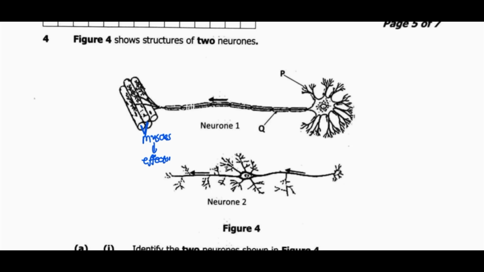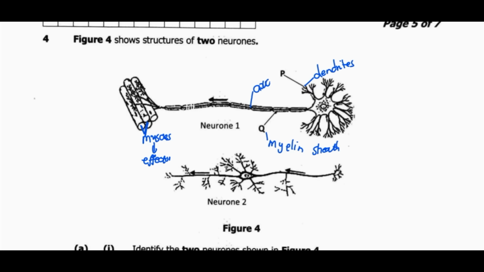Our Q, we call this one the myelin sheath. Then we have the line, the passage, which we call the axon. Then we also have the space in between these myelin sheath, and this is known as the nodes of Ranvier.